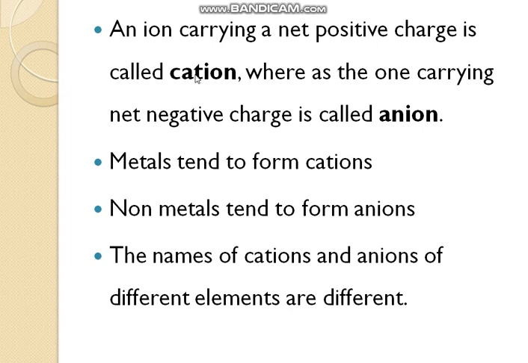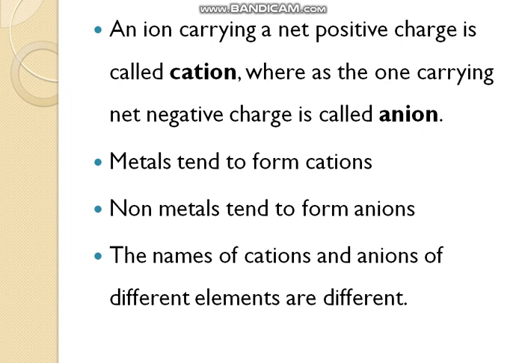Positive charge is cation, negative charge is anion. Metals tend to form cations, non-metals tend to form anions. The names of cations and anions of different elements are different.